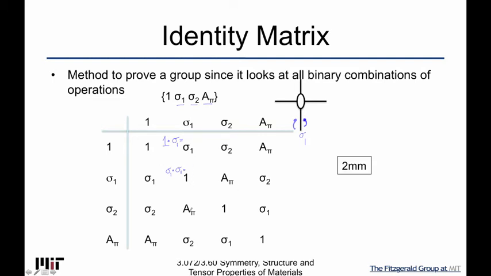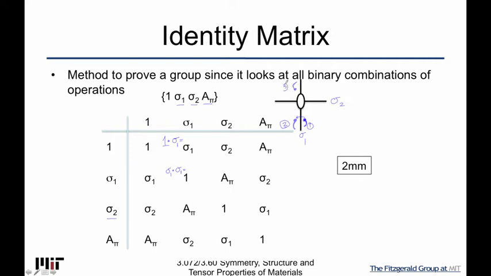Let's continue to go down this column. So if I were to take sigma 1 and I do this operation again, let's just show that there. So sometimes we can write this as, here's the first one, and then there's the second one from the operation of sigma 1 itself. And now I want to do a sigma 2. Remember, this was sigma 2, right? So now we'll take this one and we'll reflect it across here.